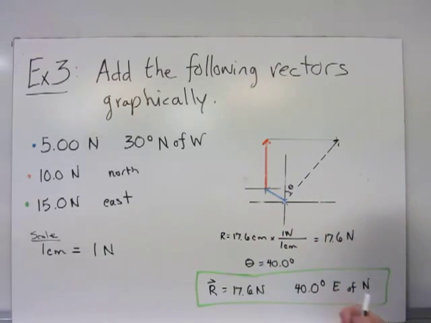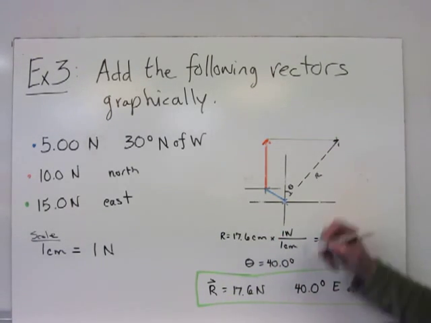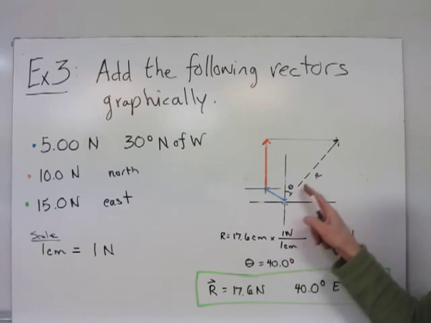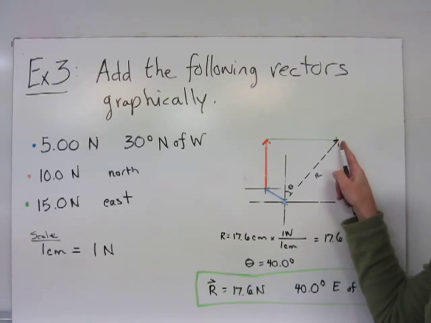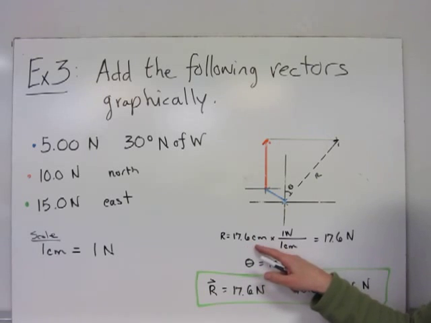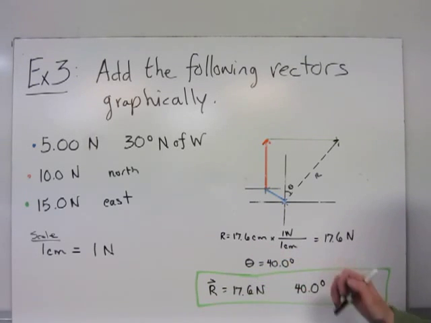Draw your resultant from where you began, I've been putting the X there, to the tip of the last vector you drew. When I measure, I have 17.6 centimeters, which converts back to 17.6 newtons.